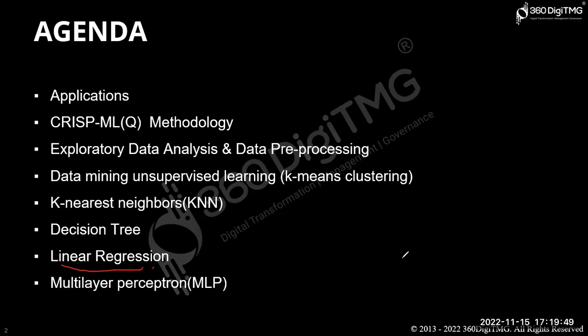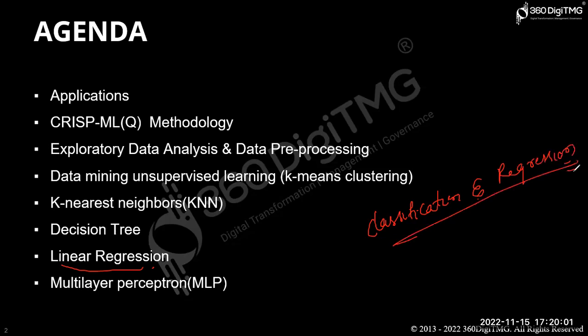We need to understand the difference between classification as well as regression. What is the main difference between classification and regression? We'll try to understand in the upcoming sessions, and it is also one of the supervised algorithms.